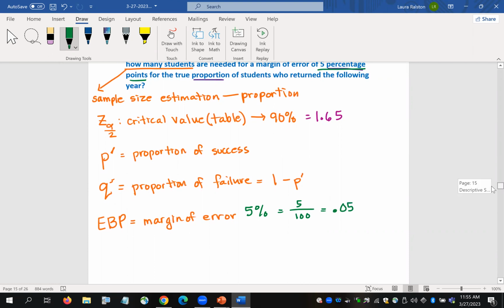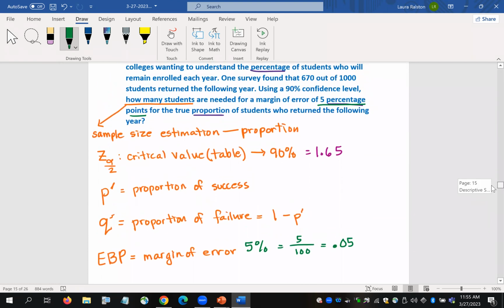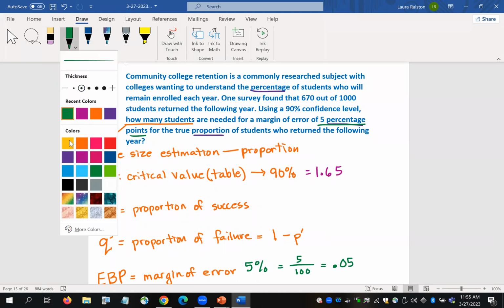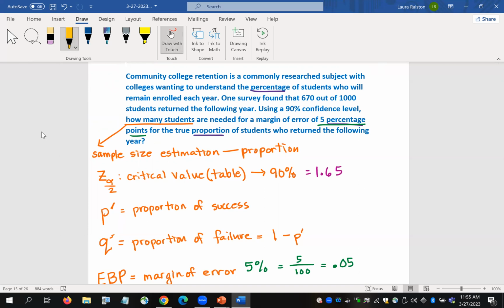Now, this problem actually gives us information about the proportion of success, because it says one survey found that 670 out of 1,000 students returned the following year. So this statement is my P prime. It's my proportion of success.